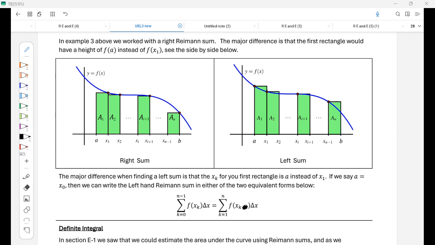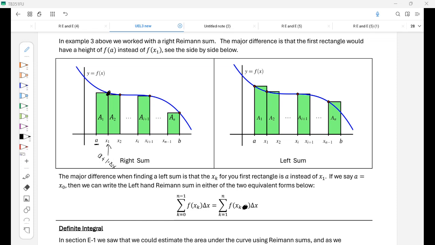So when you do a right sum, the first x value that you plug in to find the height of the rectangle is x1, which comes from taking your starting value a and adding 1 interval to it, 1 delta x, okay? So x1, the first height, is a plus 1 times delta x.